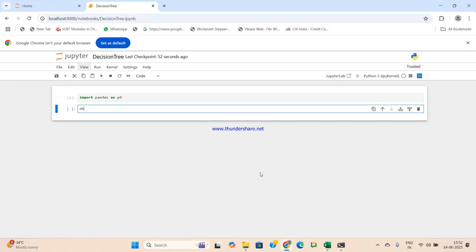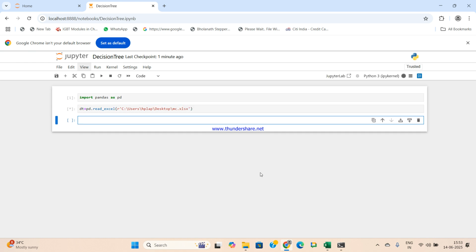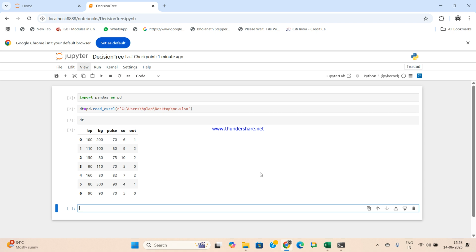Let us go, the data variable is dt, so pd.read_excel, then we have to put the path, then the file name, it is mc.xlsx. Okay, let us see the same table.